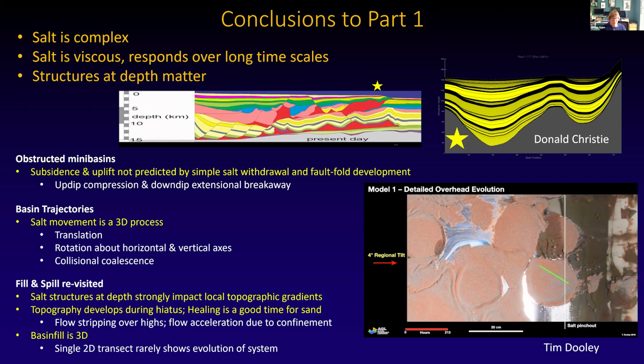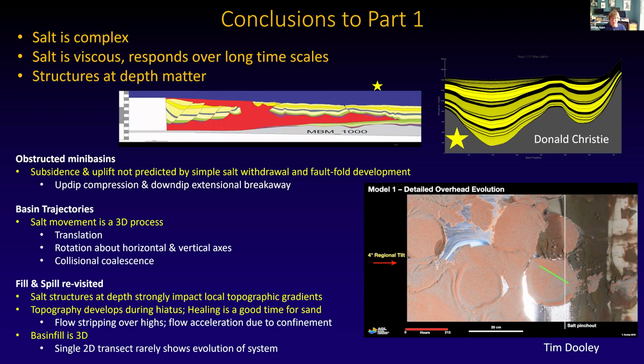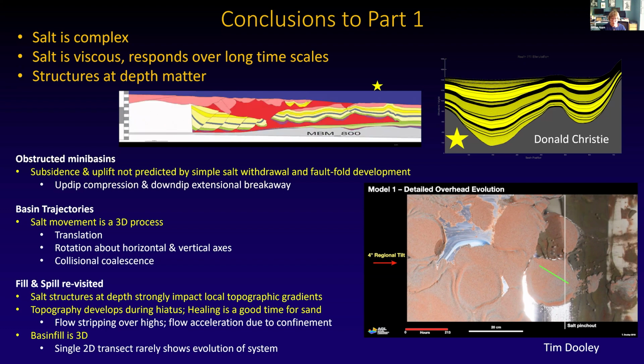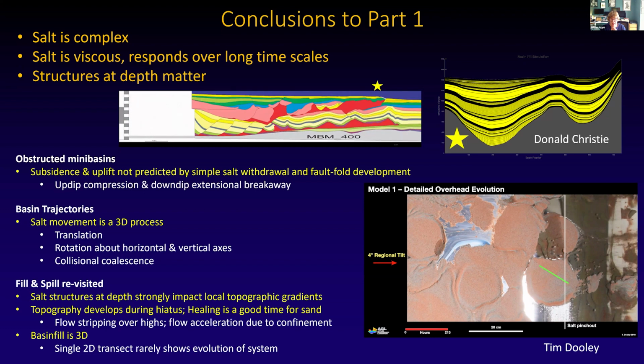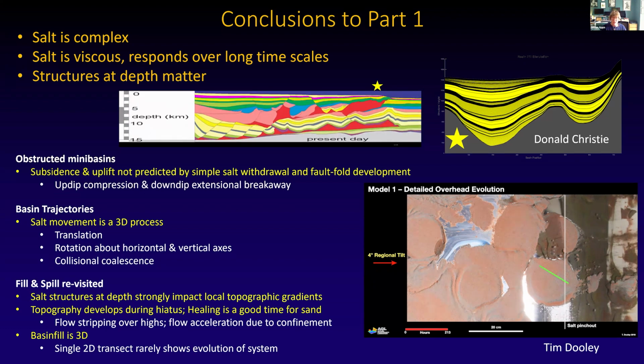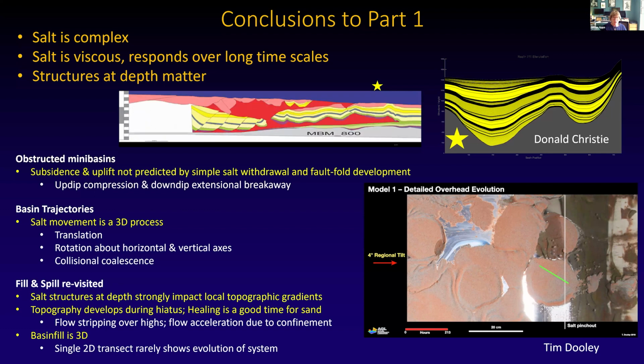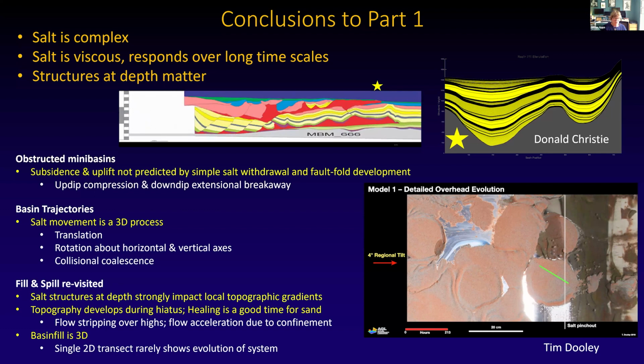And if we're to understand the distribution of sand close to salt, we must document more examples of the stratigraphic response in 4D, both in space and time, and relate them to specific salt structures, mechanisms, because the fill and spill is never 2-dimensional.